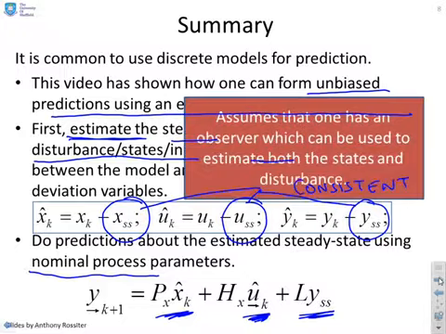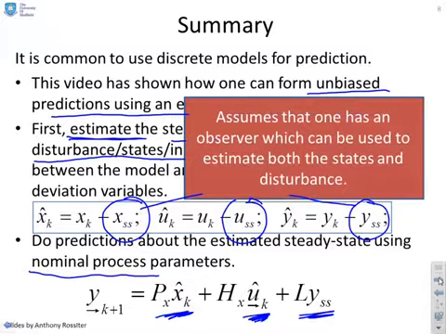And you'll see in summary here, just to remind you, because this is quite important, it's implicit that you have an observer which can be used to estimate both the states and critically a disturbance. You'll see the definitions of XSS, USS and YSS depend upon the value of the disturbance.